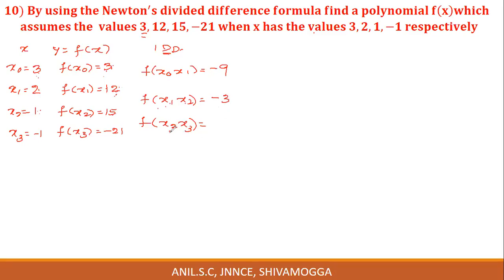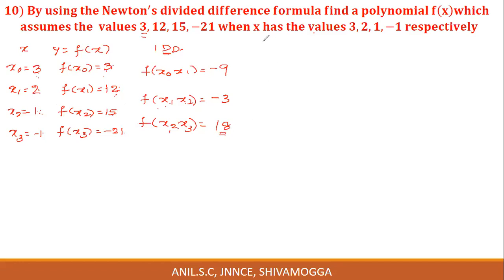And divided difference of these two is equal to minus 21 minus 15 divided by x3 minus x2, that is minus 1 minus 1. Minus 21 minus 15 is minus 36 divided by minus 2 is 18.